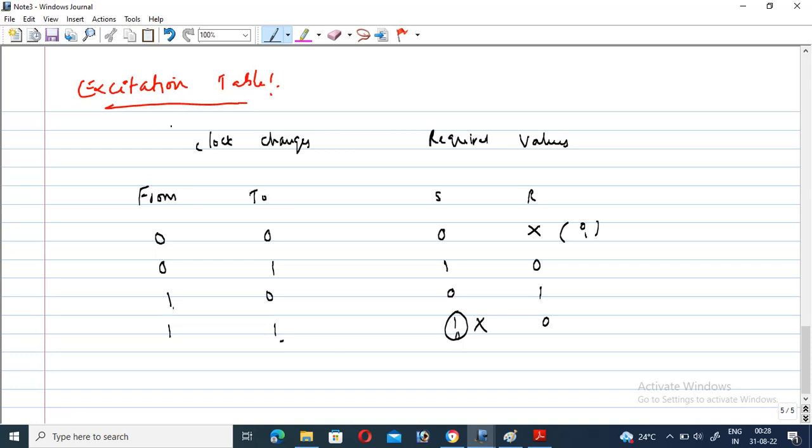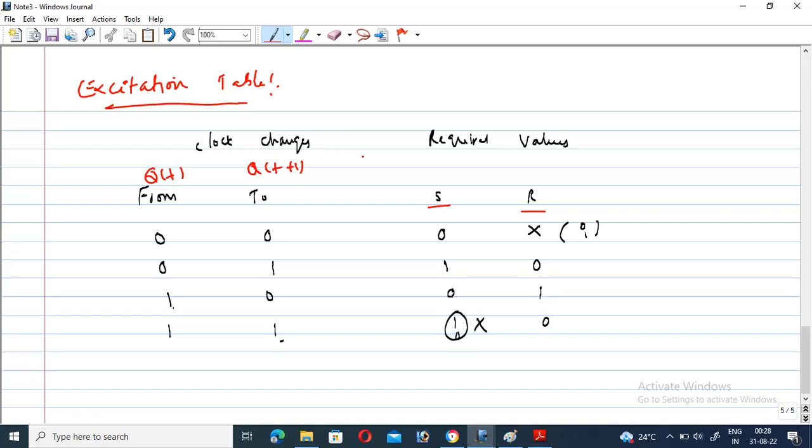So for our convenience, I can arrange the table with Q of t, Q of t plus 1 as the next state, and the inputs. So this is nothing but the excitation table of the SR flip-flop. I hope this video is very clear for you.